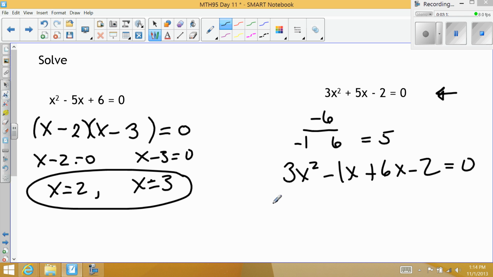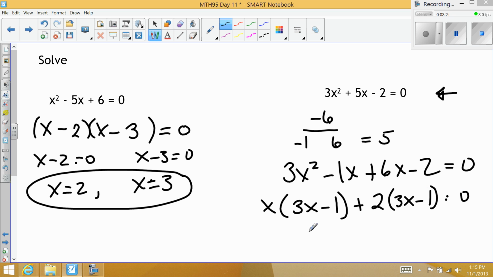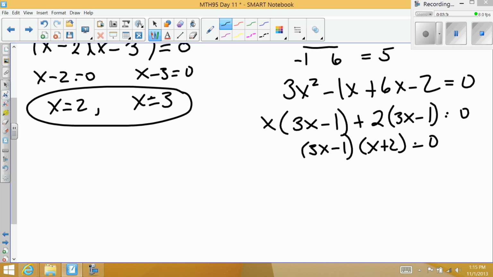Factoring by grouping, I can factor an x out of the first pair, leaving behind 3x, subtract 1, and factor a 2 out of the second pair, again leave behind a 3x, subtract 1. This then factors to 3x, subtract 1, times x plus 2 equals 0. If you prefer to factor that one by guess and check, that's fine.